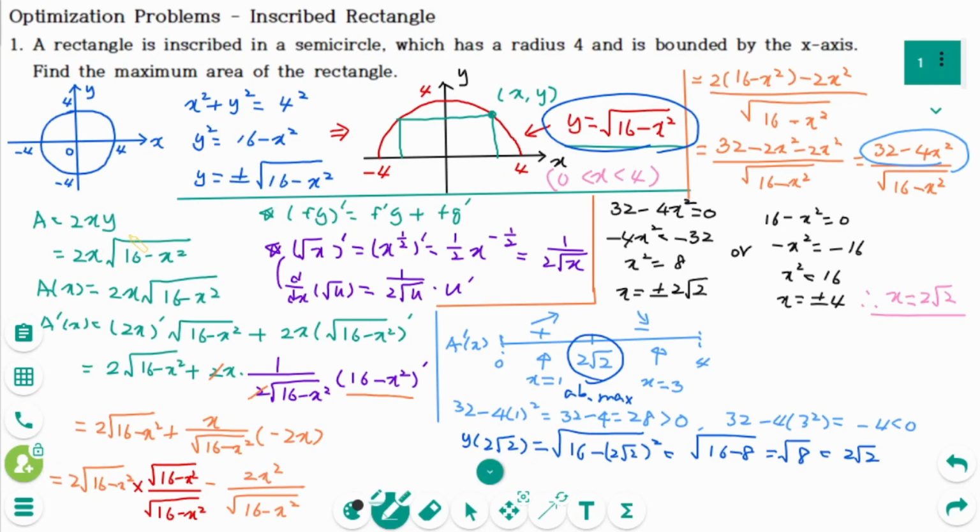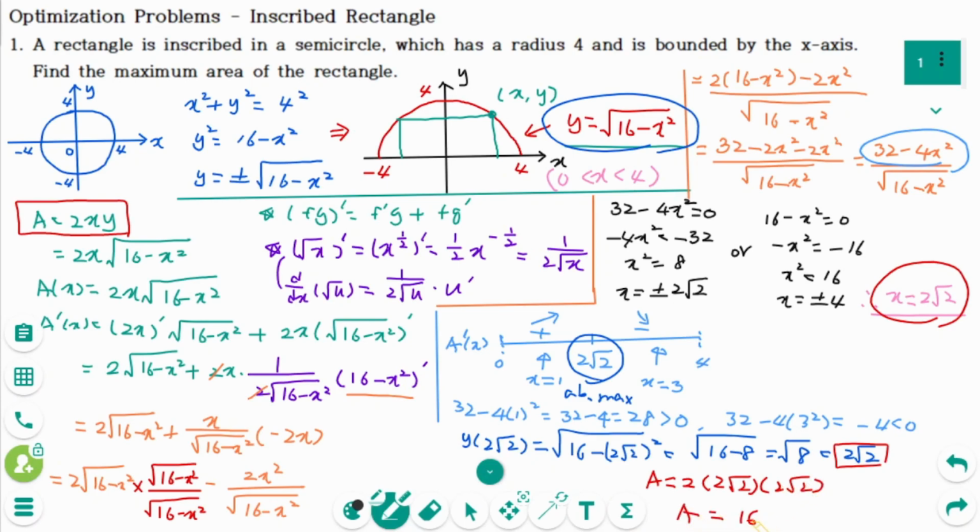A is 2 times x times y, so A equals 2 times 2 square root of 2 times 2 square root of 2. The final answer is 16. So the maximum area is 16.